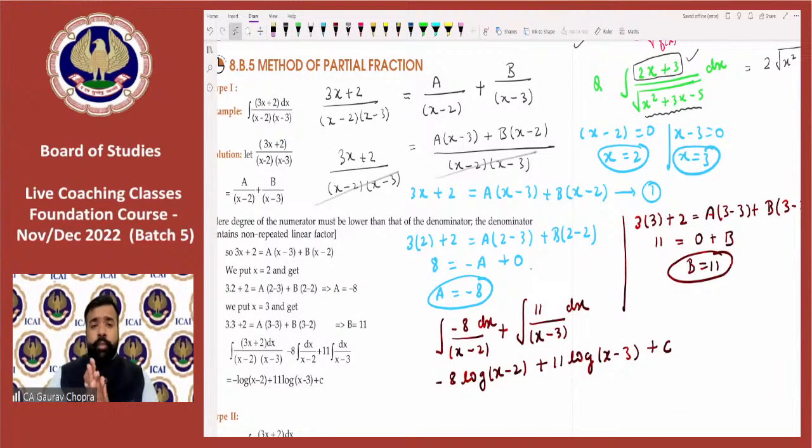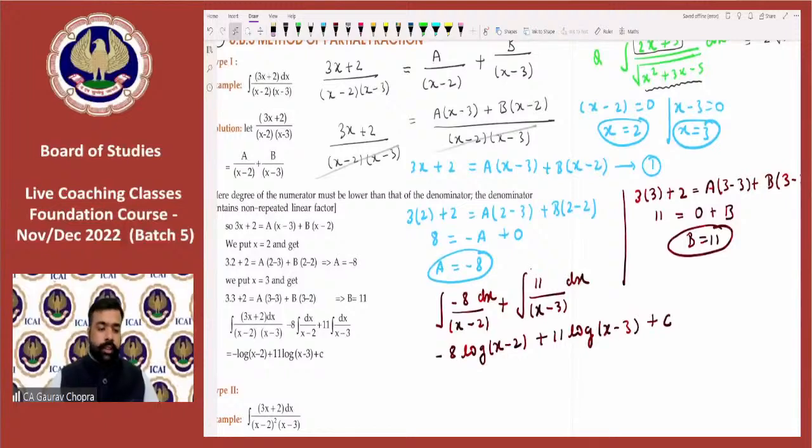After that, we input the value of x. So we are having x as 2 and 3. One by one, we inputted 2 and then 3 and got the values of a and b. And after that, we simply applied the formula and got the answer. Okay.